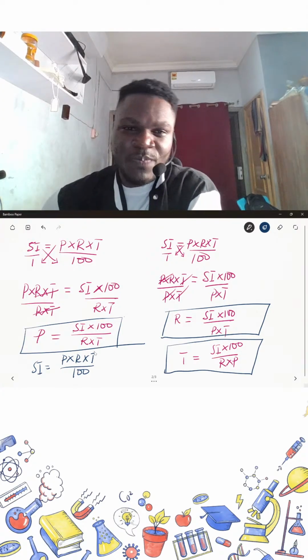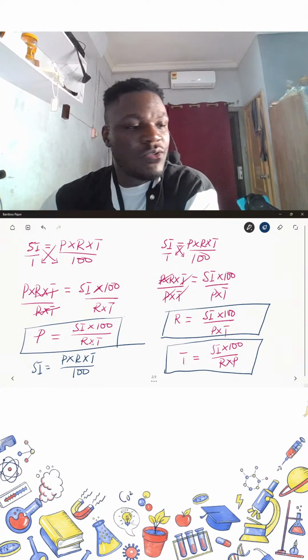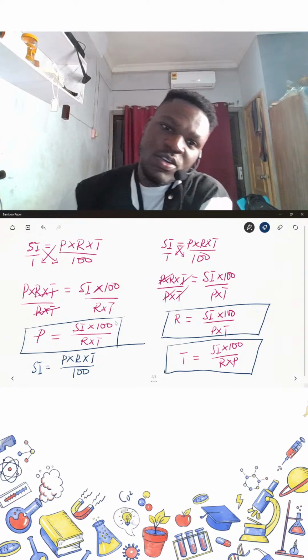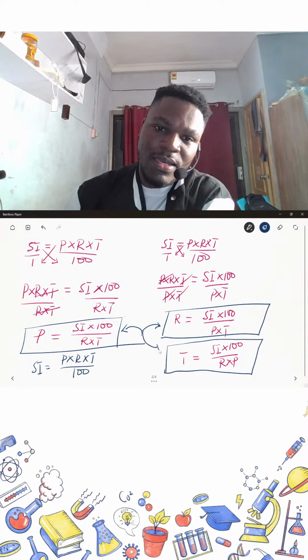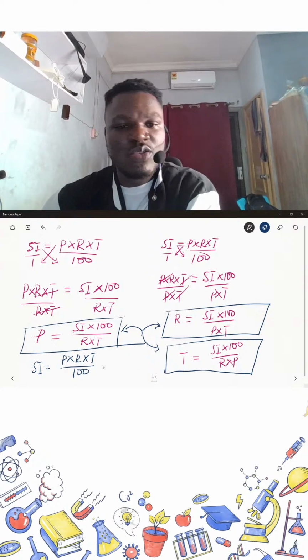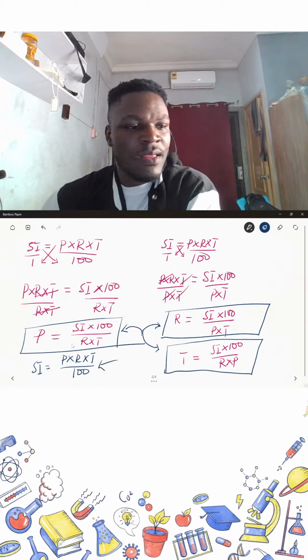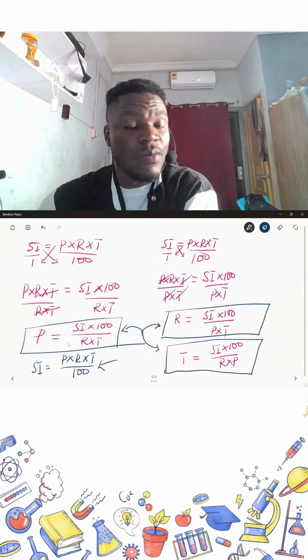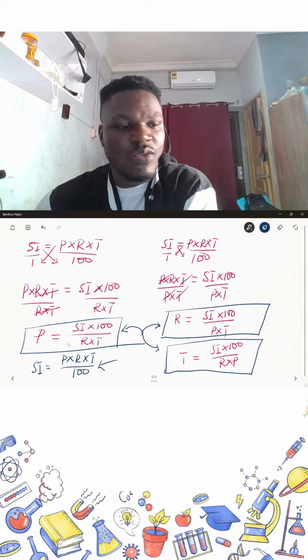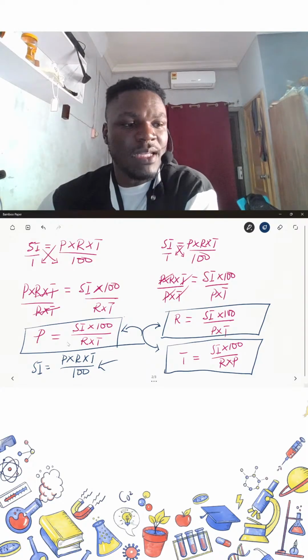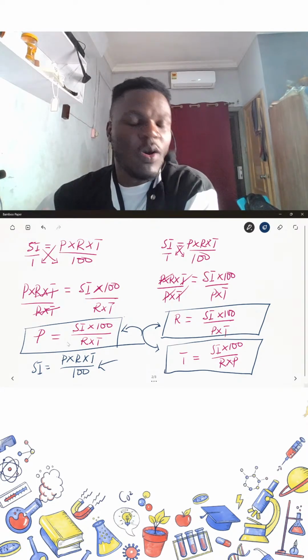Now, mind you, this is the formula, but once you know how to do your change of subject, you can go in between here, here, and here easily. Or you just do your substitution in here. The unknown variable that you have, you maintain it, and then you solve your problem, and then you get your answer. So that is how we solve problems on simple interest, and this is the whole concept of simple interest.